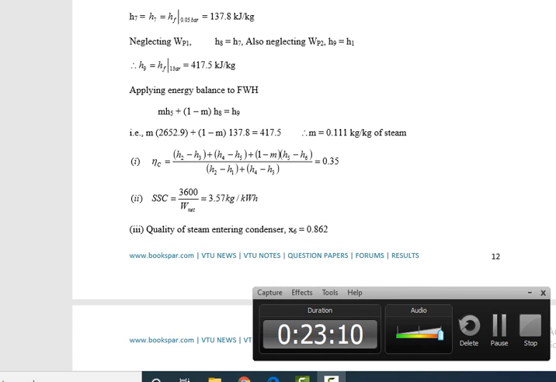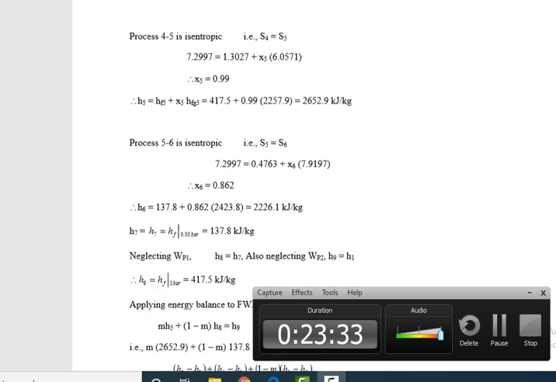Whenever the numerical belongs to the feed water heater, you have to consider the steady flow energy equation. Therefore, in this case, again apply the energy balance equation. From this equation: m into h5 plus (1 minus m) into h8 equals h9. This equation is developed from the diagram.